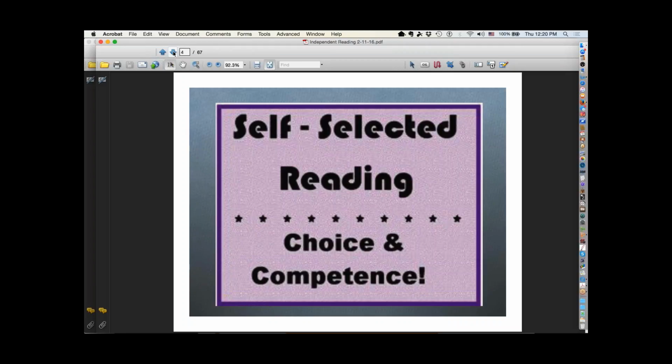So talking about self-selected reading, the reason I'm putting that up there is that that's one of the blocks from Classrooms That Work, the balanced literacy suggested by Pat Cunningham and Dick Allington. And so I'm going to be talking here about some choices and some competence within that area.